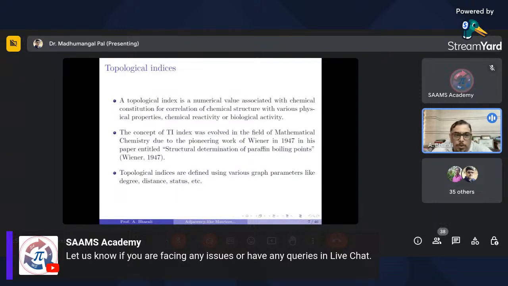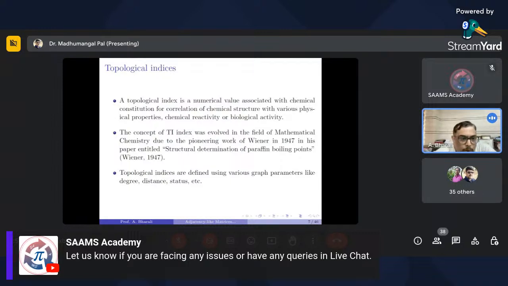With the upsurge of topological indices, as Professor Ramana has already mentioned, this is a very popular topic. We have thousands of topological indices defined based on various geometrical and biological characteristics, based on their prediction ability, and based on graph parameters like degree, distance, status.